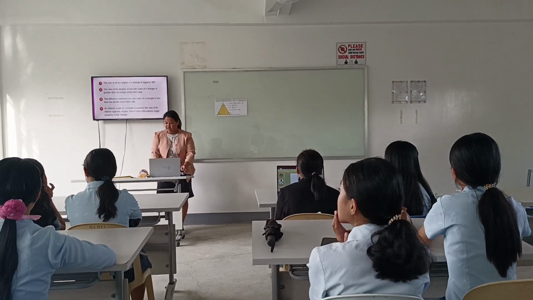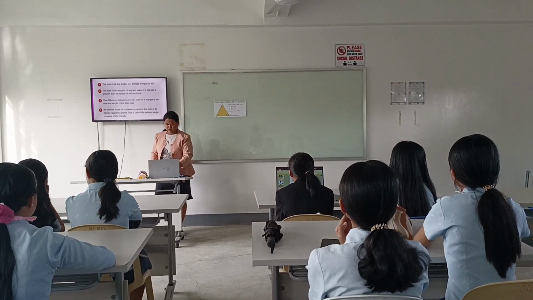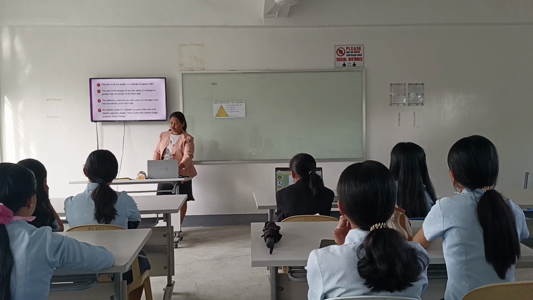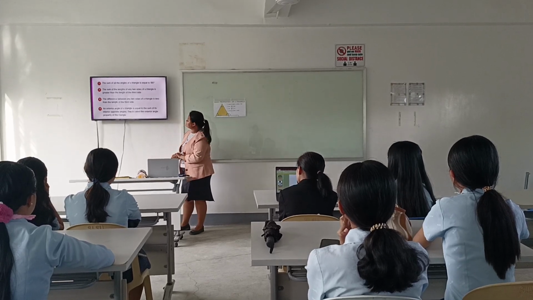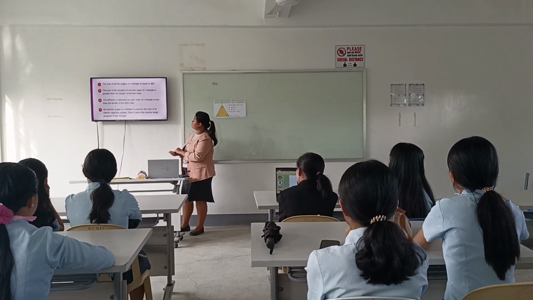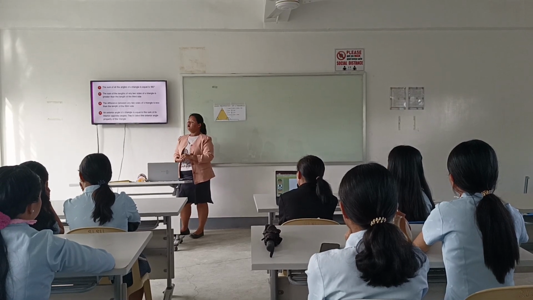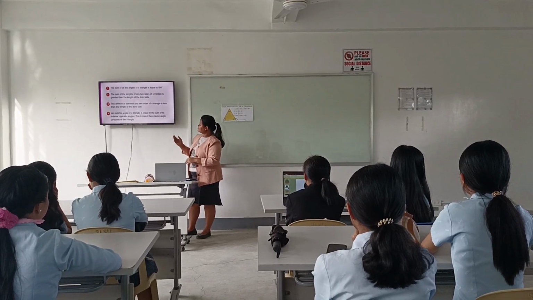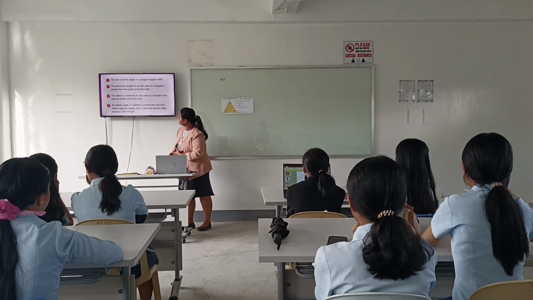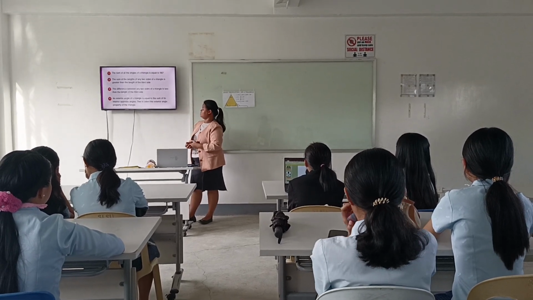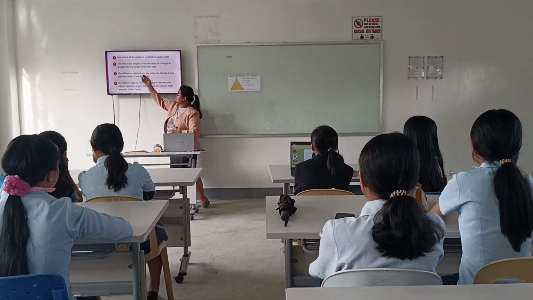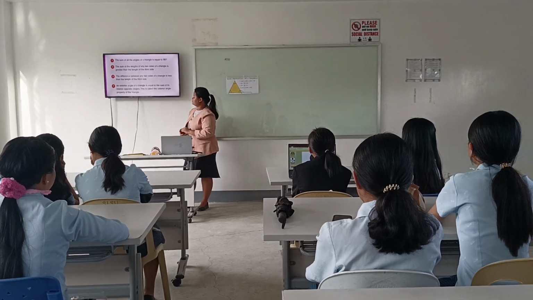So we have four basic properties of triangles. First, the sum of all the angles of a triangle is always equal to 180 degrees. Second, the sum of the lengths of any two sides of a triangle is greater than the length of the third side.